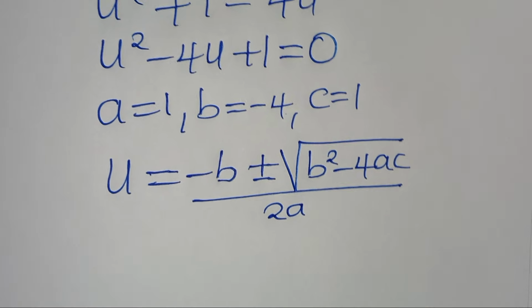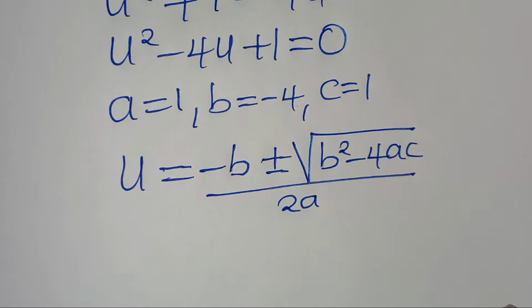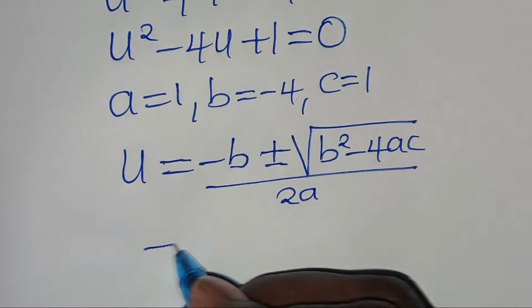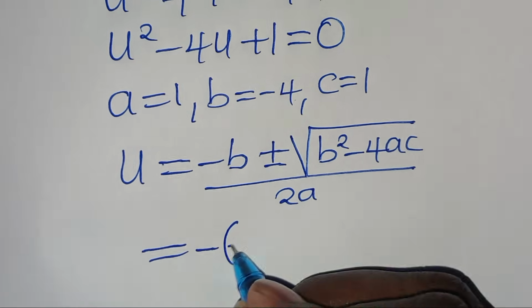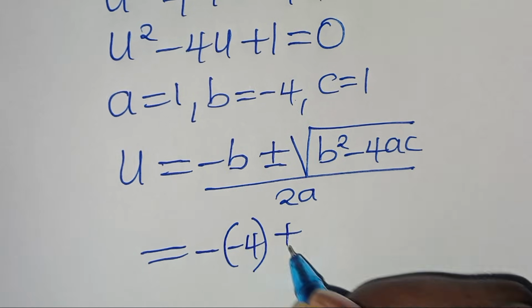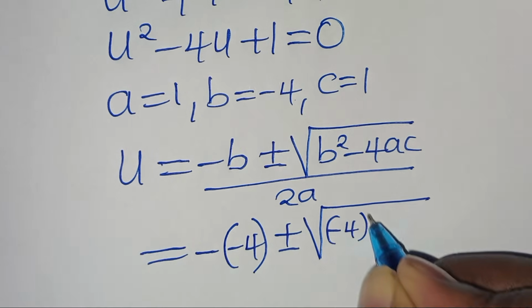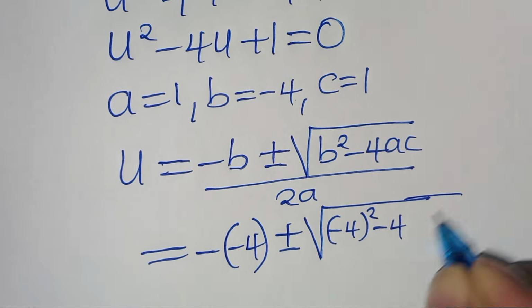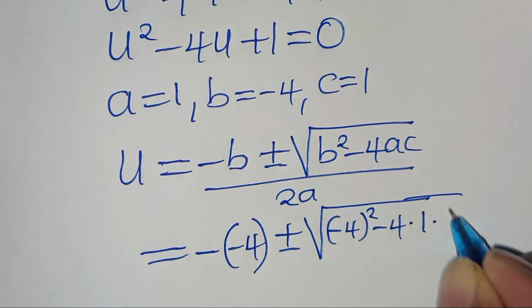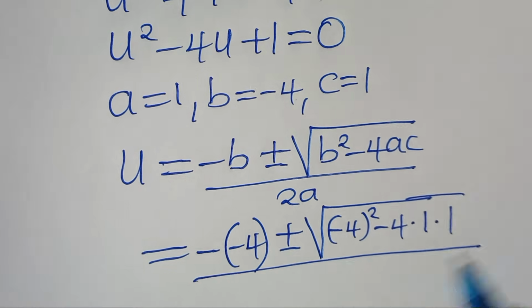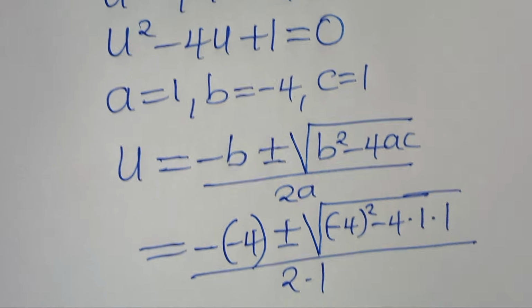Let's substitute the values of a, b, and c into this formula, so that we have -(-4) plus or minus the square root of (-4) to the power of 2 minus 4 times 1 times 1, everything divided by 2 times 1.